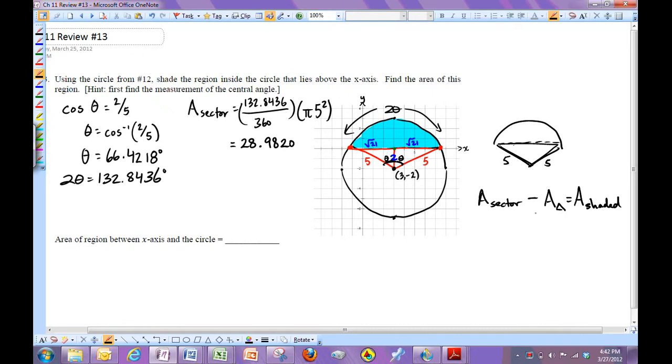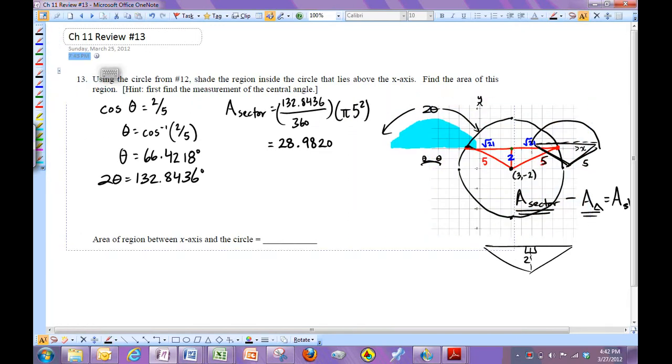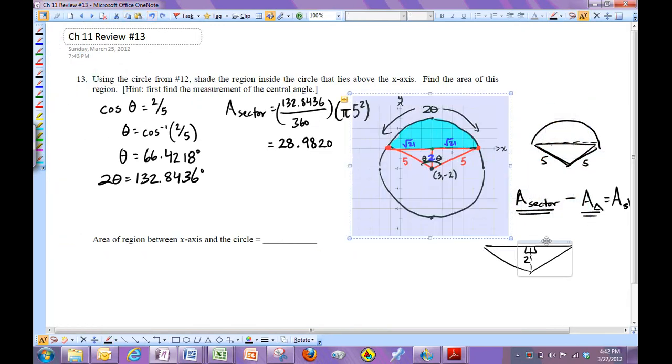Now I need to get rid of the area of the triangle. And if you look at the triangle, the height of the thing is 2, and the base, whoa, let me undo that. The base is this part right here, which is root 21 plus root 21, so it's 2 root 21.